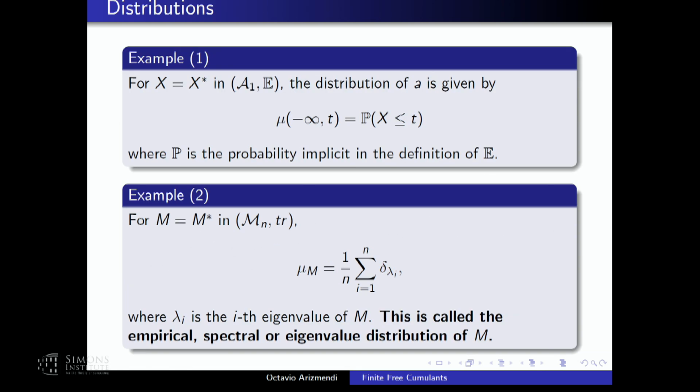Okay, and what are the distributions? Of course, the usual distribution in probability is the distribution in the way I defined. For matrices, this is just the so-called spectral distribution or eigenvalue distribution. This is a distribution which puts mass 1 over n on each of the eigenvalues when the matrix is, say, normal or self-adjoint.